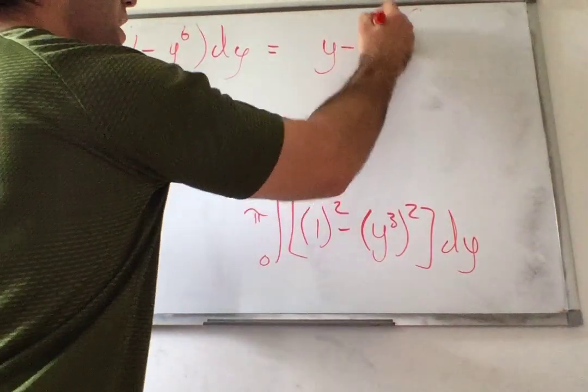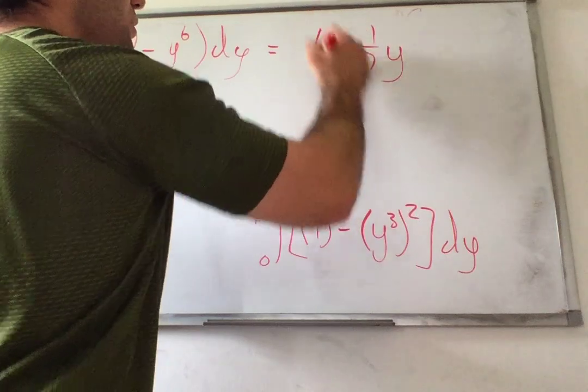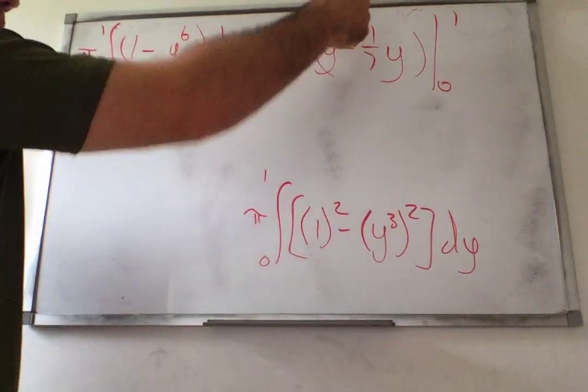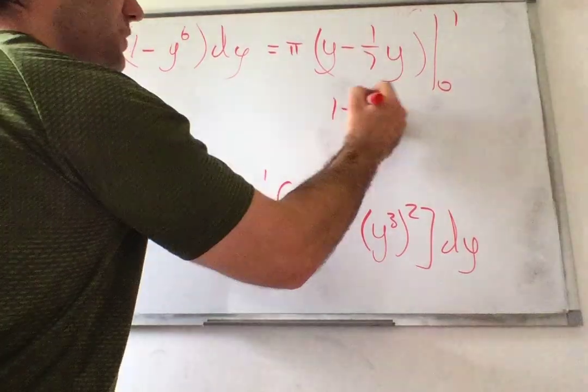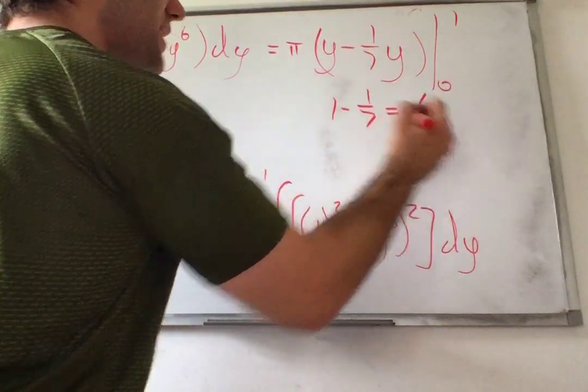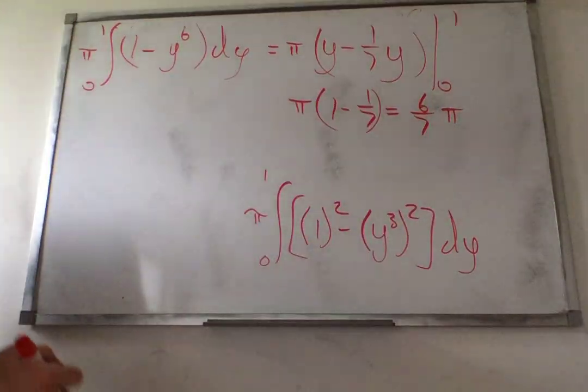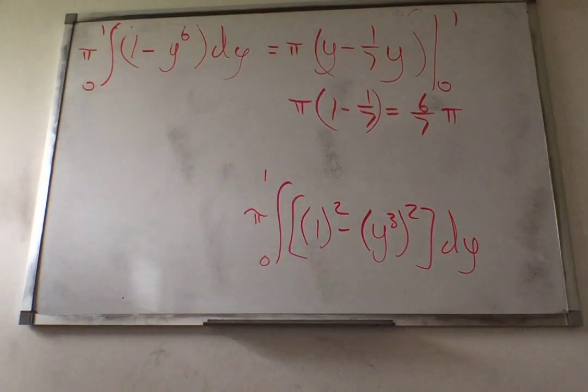This is y minus 1/7 y with a pi out front evaluated from 0 to 1. If I plug in 1, I get 1 minus 1/7, which is 6/7, and I'm multiplying it by a pi. No surprise that it came out to be the same answer.